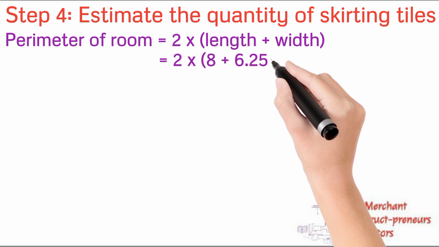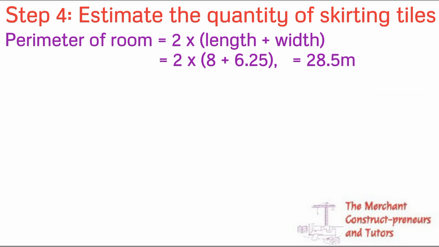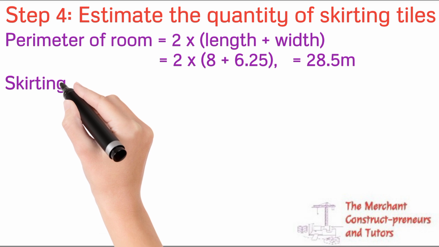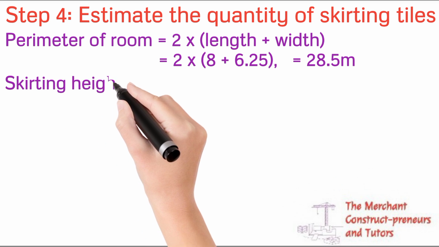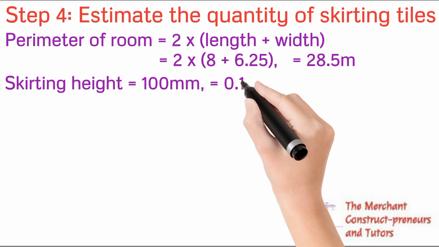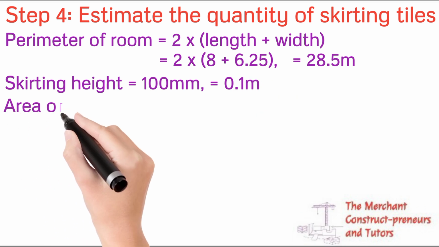Now the skirting height is 100 millimeters, that is 0.1 meter. So the area of skirting, as we calculated, is just the perimeter multiplied by the height. That is the area of the skirting tiles needed for that room.